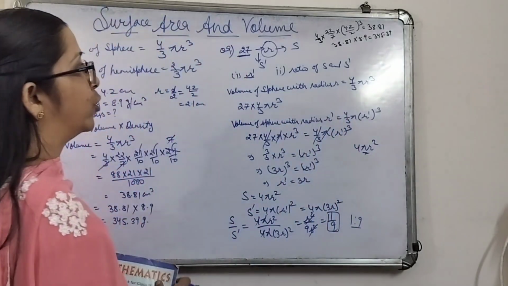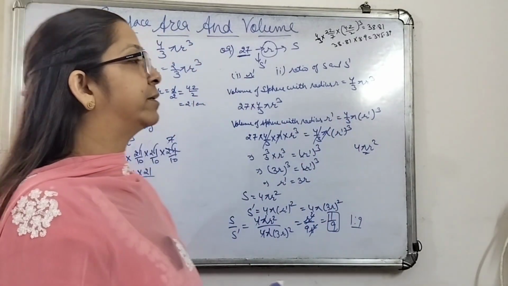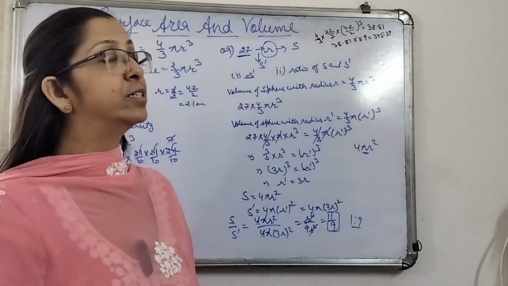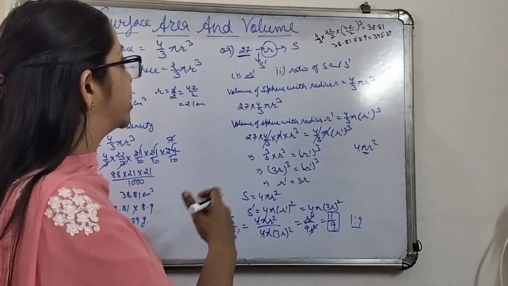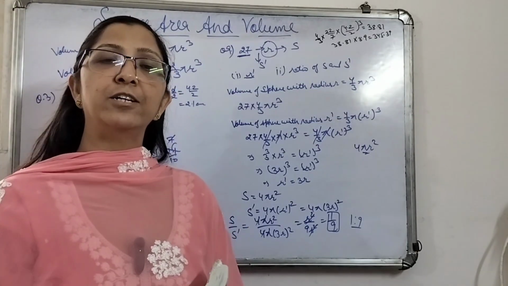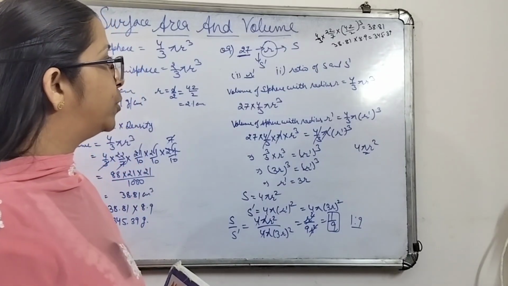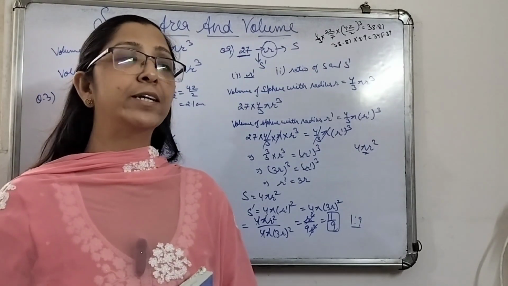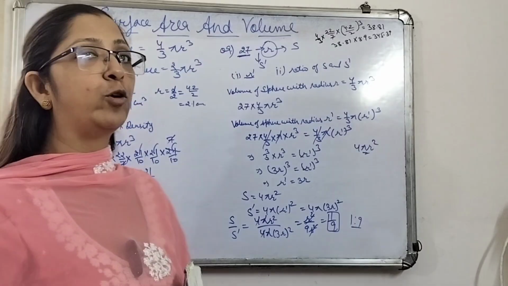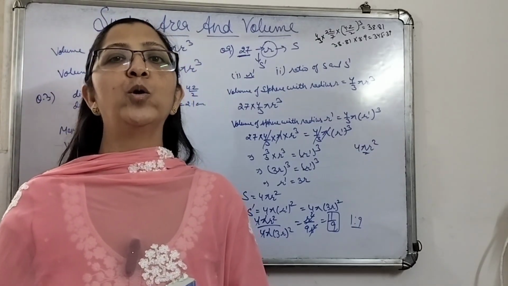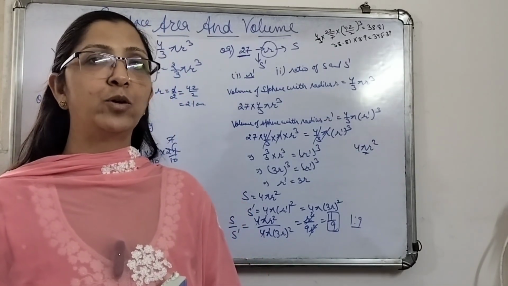This will be the ratio of the previous surface area and the new surface area of the spheres. So this is how, using the formulas, we can find the surface areas and volumes of solid shapes. Hope it is clear to you how to solve the questions, how we get the values of the surface areas and volumes of your cube, cuboid, cylinder, cone, spheres and all that.